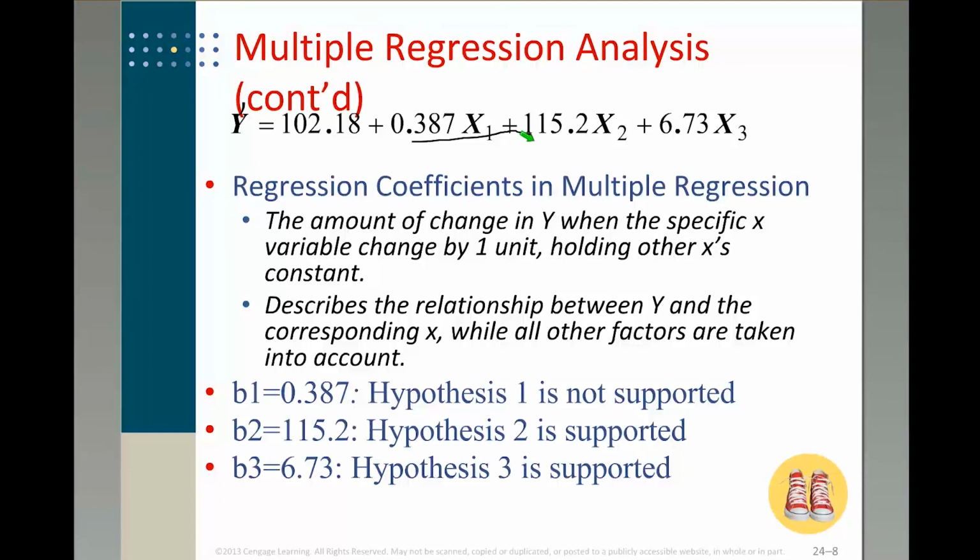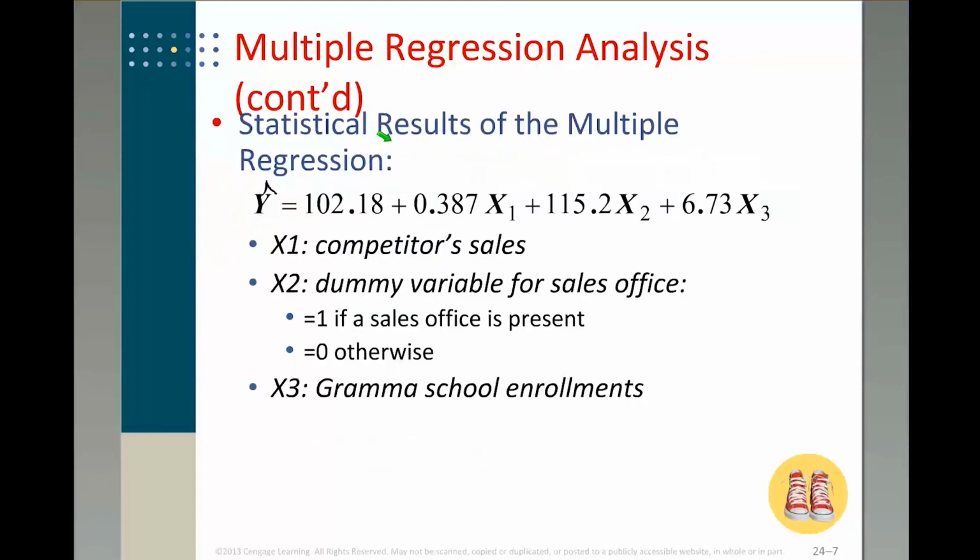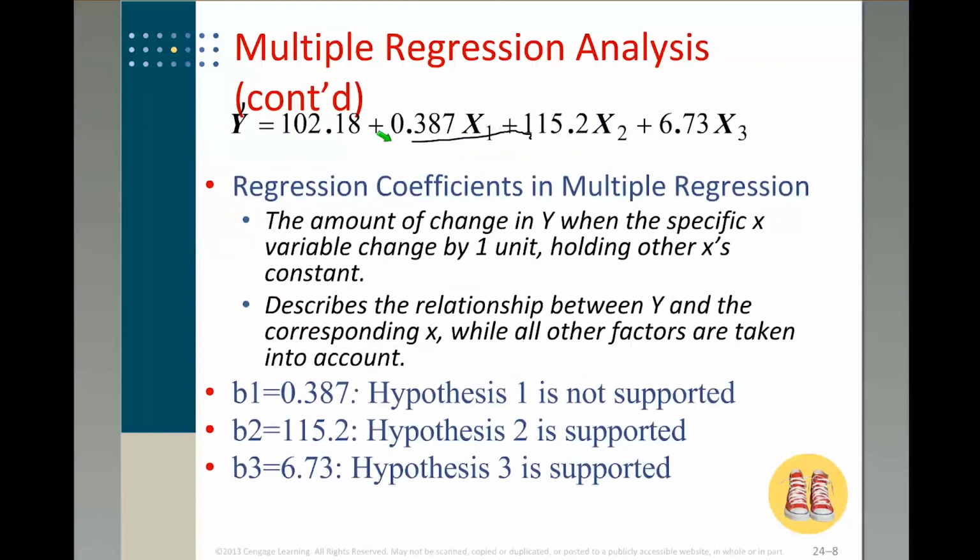So if you look at the first coefficient, 0.387, that is saying that competitive sales is positively related to the company sales. And if you go back to the first hypothesis, it says competitive sales are related negatively to sales. And therefore, by just looking at the coefficient, we are able to tell hypothesis 1 is not supported, since they apparently should be positively related.